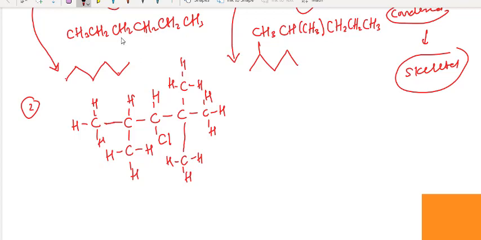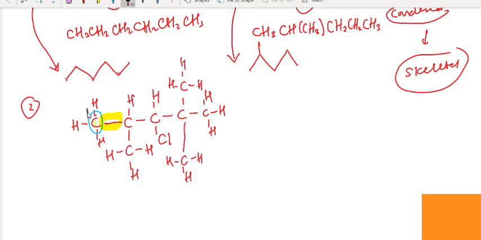So how to identify the class of carbon from this structure? First of all, we have to look at the carbons one by one. Let's say this carbon. This carbon is bonded to how many carbon groups? We have to highlight here. This carbon only has one carbon group bonded to it, so it will be the primary carbon.